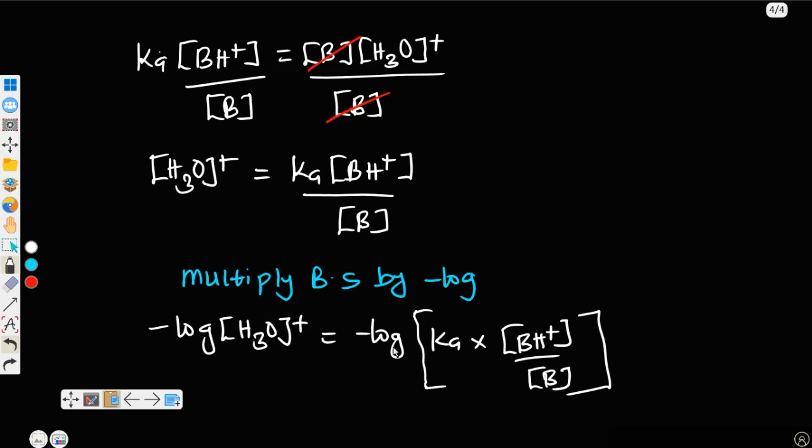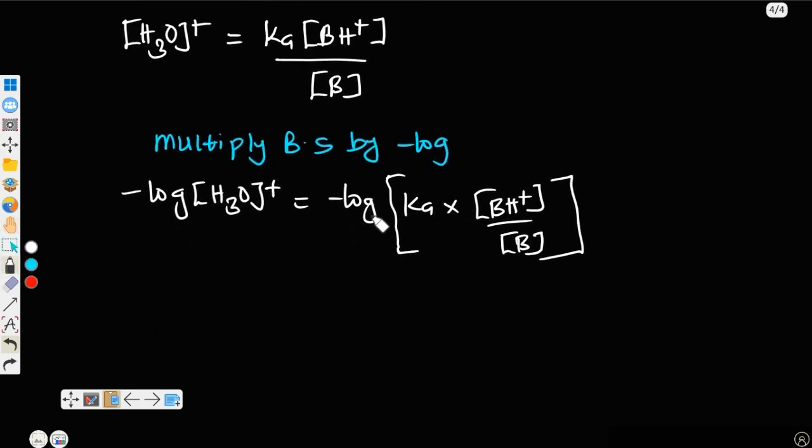Now, I told you that this log, if it's opening through, according to mathematics, it becomes log this plus log that.